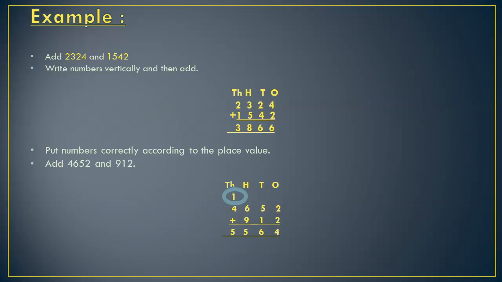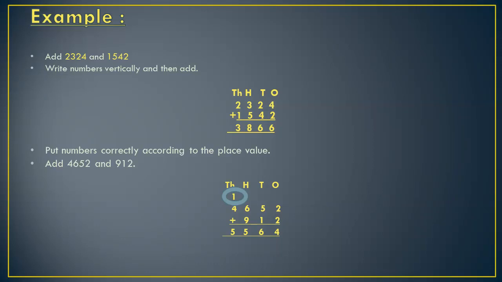Then we have another value, 4652 and 912. Put numbers correctly according to the place values. Start from the right. First of all, place the values. Then we put the numbers. First we add 2 plus 2 is equal to 4. Then move to next, tens place. 5 plus 1 is 6.